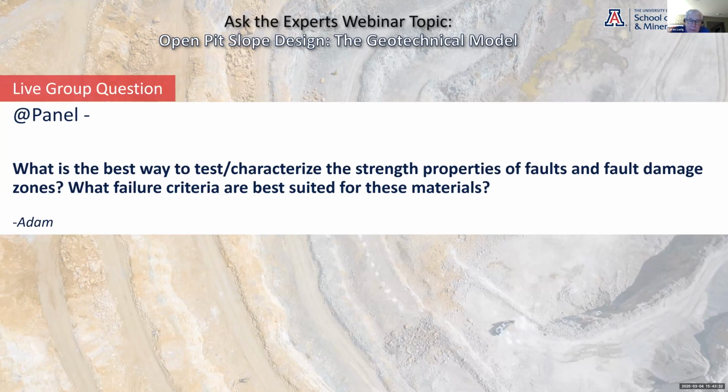Is it clay or is it granular? There's probably n number of ways to tackle that. And the other problem is that faults change rapidly from one position to the next. So it's again a tough thing to do, but it shouldn't be forgotten.